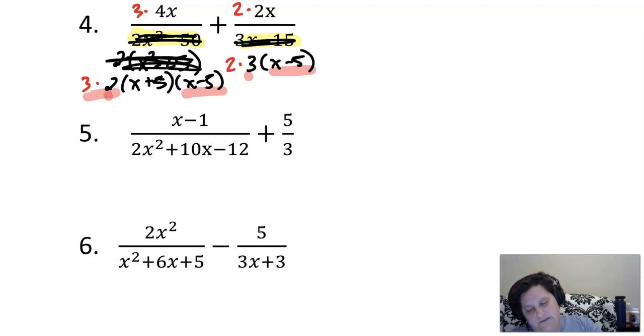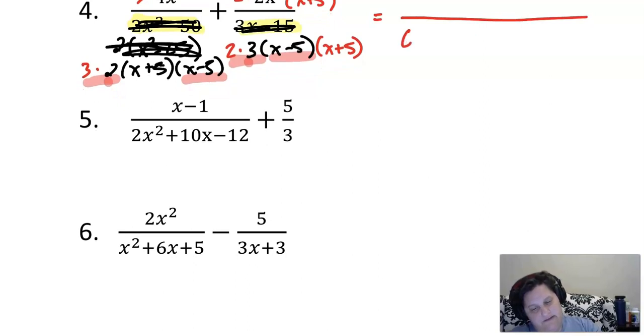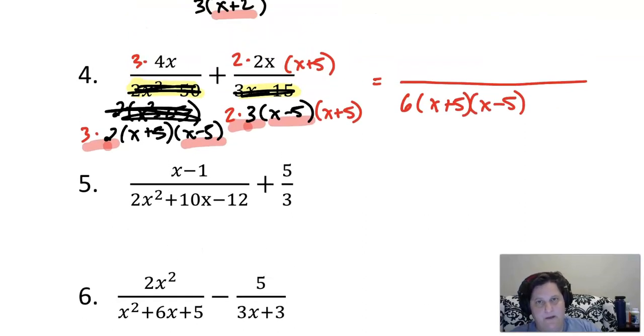Now that part's the same, okay? So now the only other thing I'm missing is that this one over here needs an x plus 5. All right. And then basically, 3 times 2, I've got 6. I've got an x plus 5 and an x minus 5 all in my denominator.